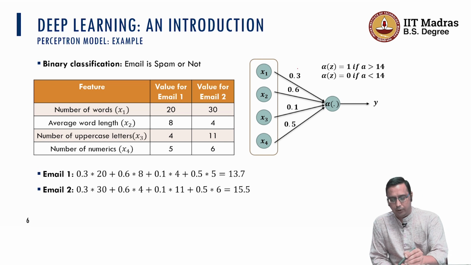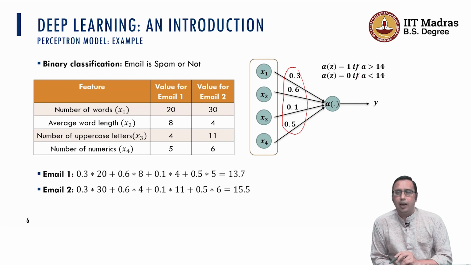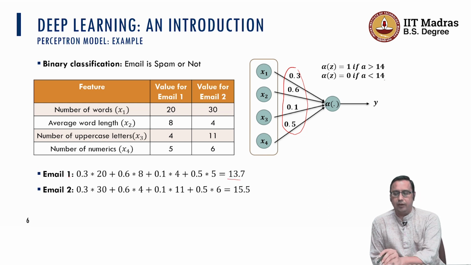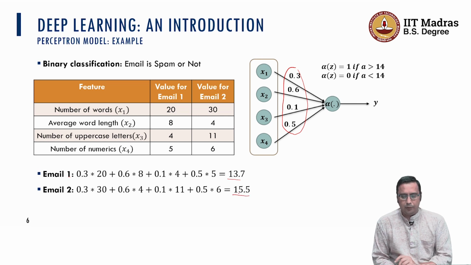I have already provided you the weights, so you can multiply with these weights, and alpha is a simple linear model. So alpha will directly take this value and give the answer. Here the thresholding is greater than 40 and less than 40. For email 1 it is 13.7, and email 2 is 15.5.